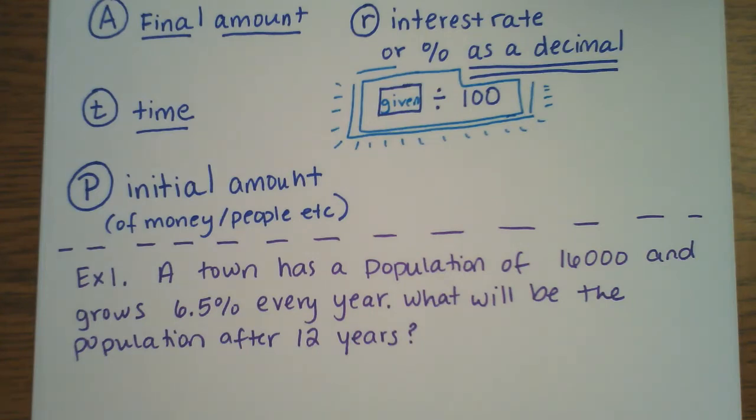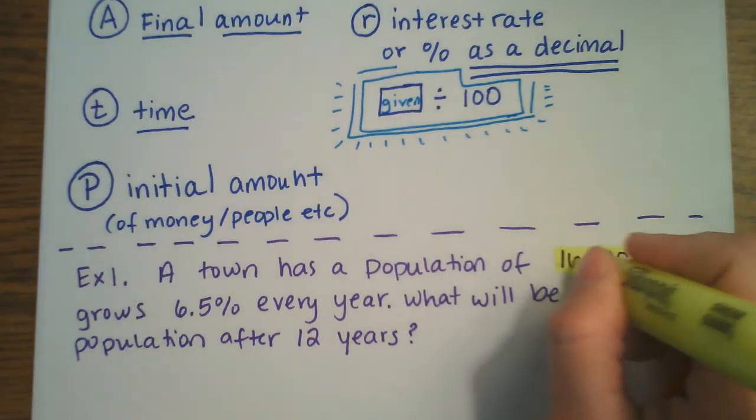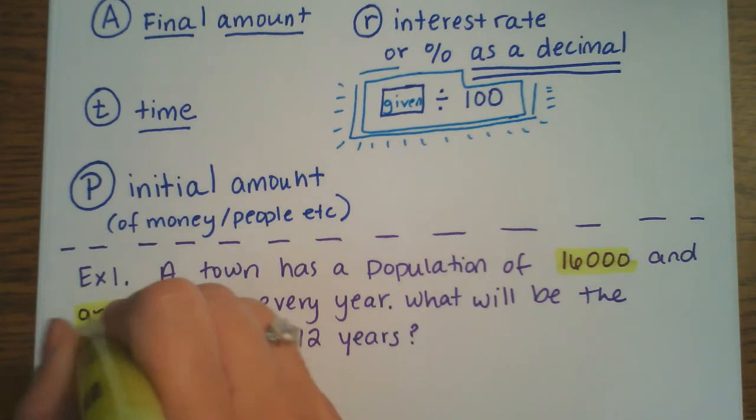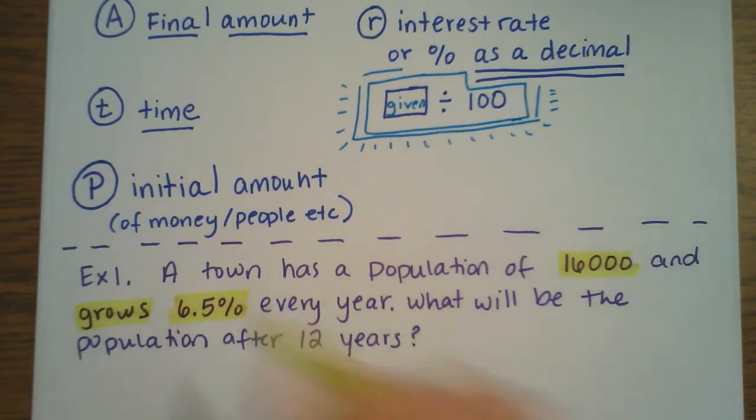So in looking at this word problem, there is some important information that I'm going to highlight. A town has a population of 16,000 and grows 6.5%.